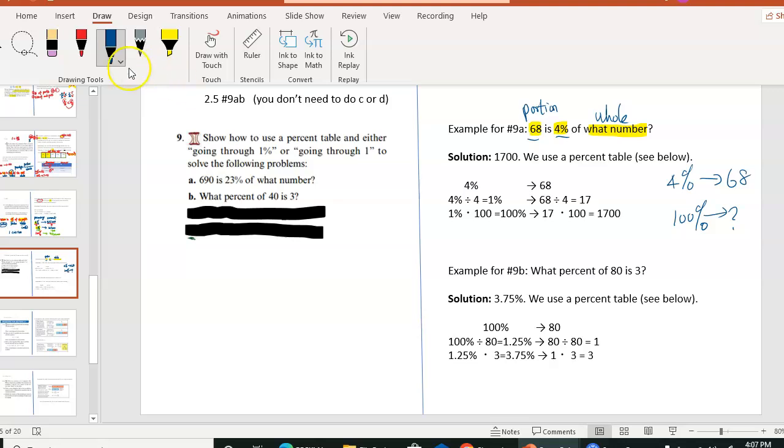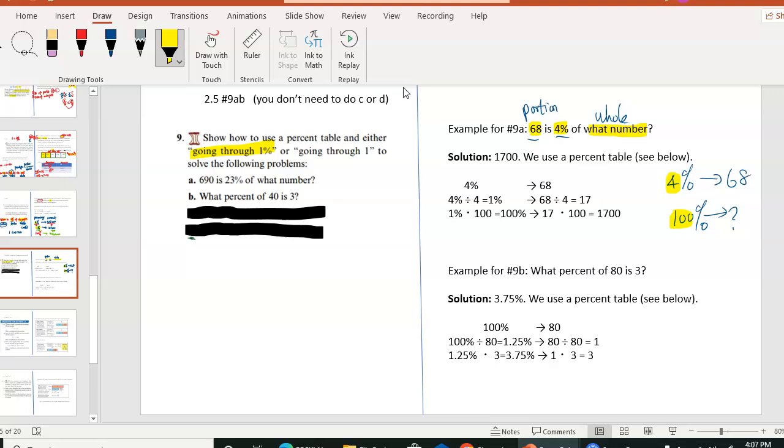And now we want to figure out what number should go in here. But what we're going to do is solve it by looking at the percentage numbers. So how do we get 100 from 4? Because they actually did want us to use going through 1%.